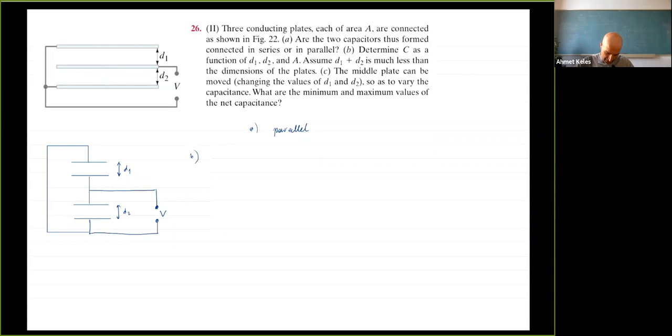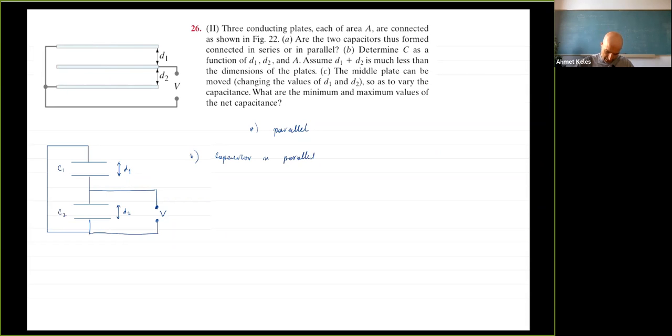Determine C as a function of D1, D2, and A. So these are capacitors in parallel. Let's call this one C1 and C2.